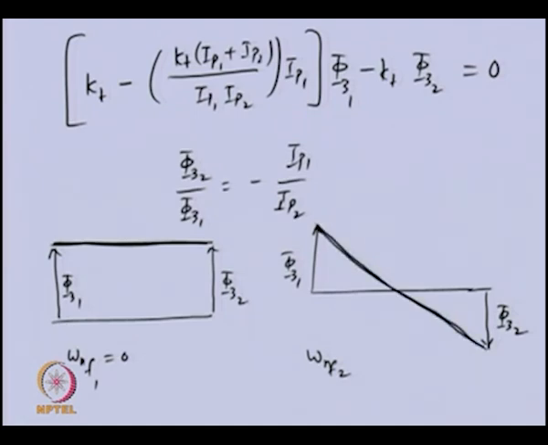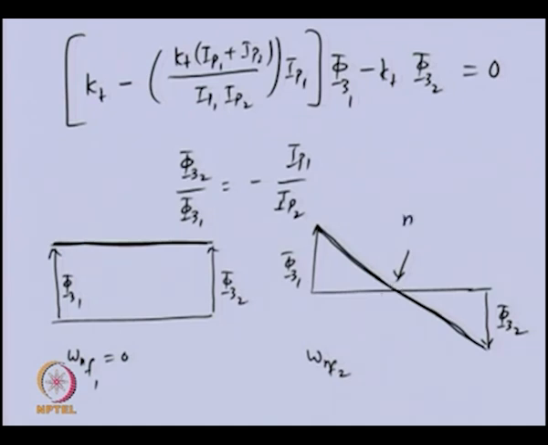So, you can see that the shaft has maximum displacement here and here, and their amplitudes will be inversely proportional to their polar mass moment of inertia, and in between there is one position where the angular displacement is 0.